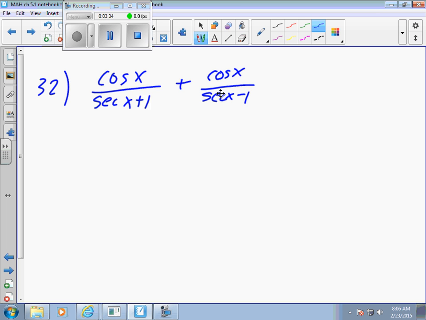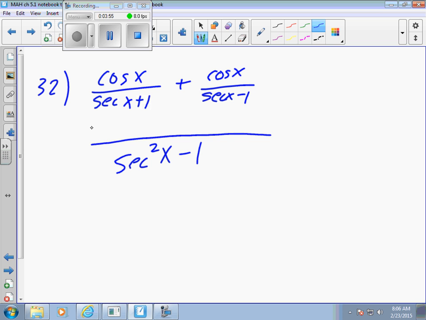Since these two denominators both look like they are the conjugates of each other, I'm going to find my common denominator by multiplying them together. When I multiply a binomial times a binomial, I need to FOIL. So when I do that, I get secant squared x minus 1 is my common denominator.